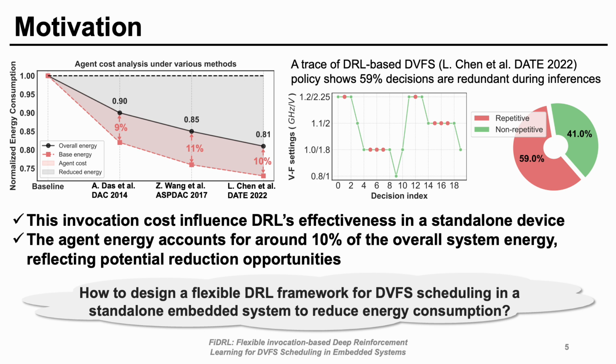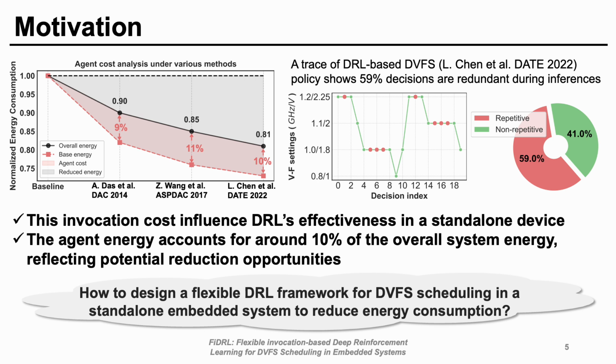The left one indicates that the agent accounts for around 10% of the overall energy consumption when using DRL-based DVFS to optimize the energy consumption. This part of energy always happens in such embedded systems, but does not appear in the normal environment.